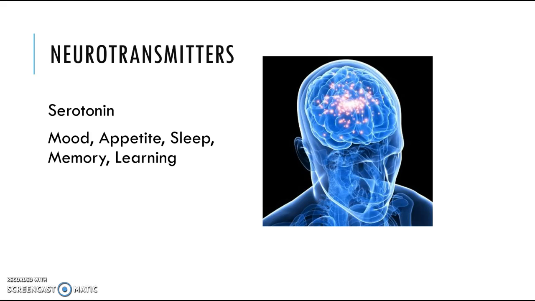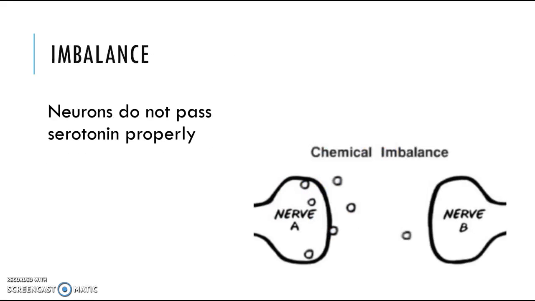However, when there is an imbalance of serotonin, depression can be a result. When I say imbalance, I'm talking about the ability of neurons in the brain to use the neurotransmitters the right way. A neuron is a cell in the brain that works basically like the coding of a computer.